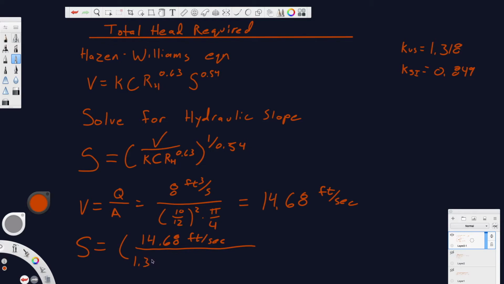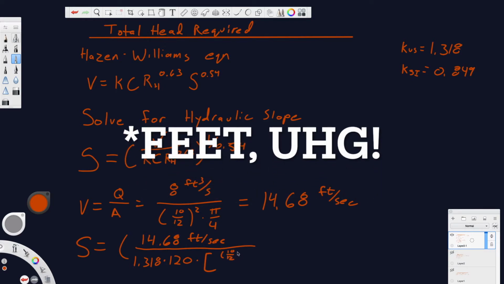Using the correction factor for American units, our coefficient of friction, which was given to us in this case, we didn't look it up, and then our hydraulic radius, since we know we're working with a pipe flowing full, in this case it's going to be the diameter in inches over 4.